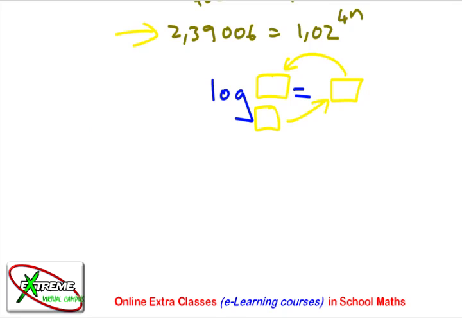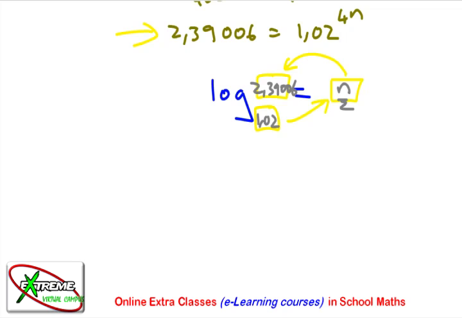Because if you look carefully, we've got 1,02 to the power of 4n is equal to 2,39006. And there you've got an equation in terms of n, because if you can calculate the log, you literally have the value of n, which is what you're looking for.